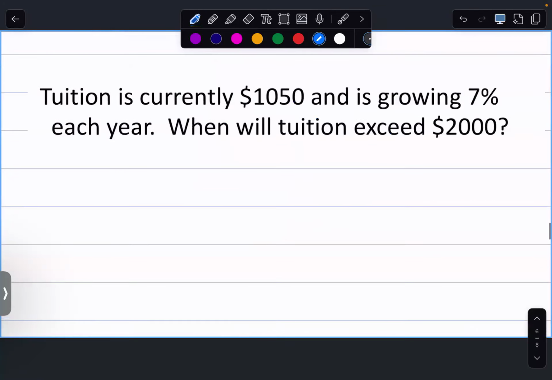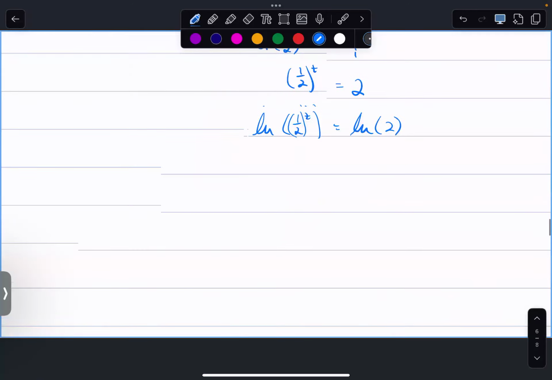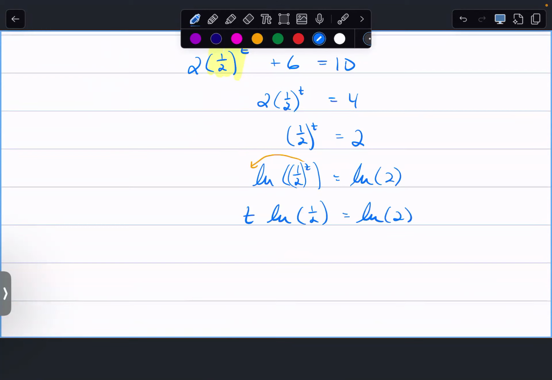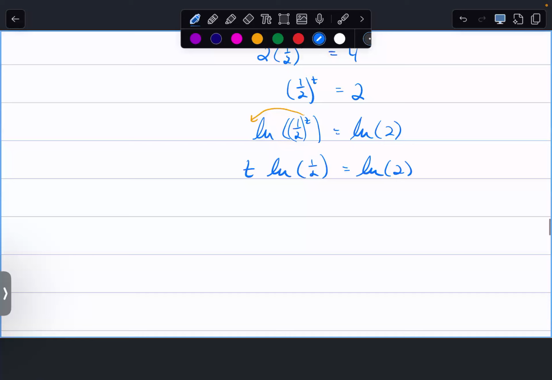Let me bump this down. Now I use the log property that I can rewrite this as t times the natural log of 1/2 is the natural log of 2, which means that t must be the natural log of 2 over the natural log of 1/2.